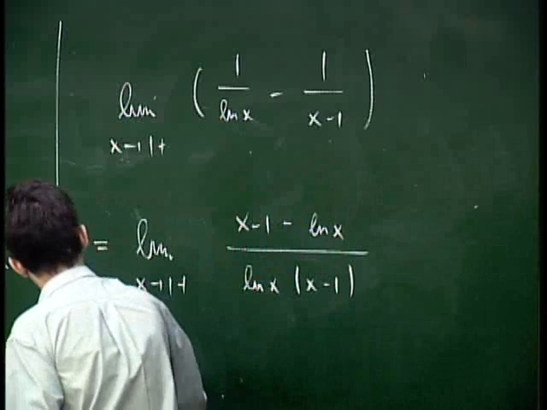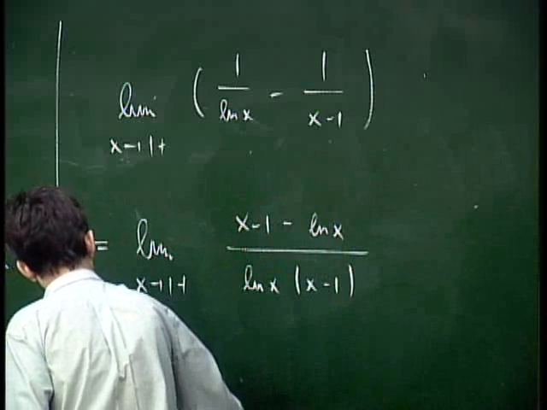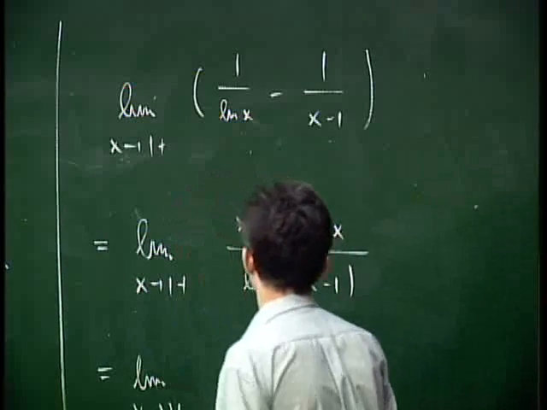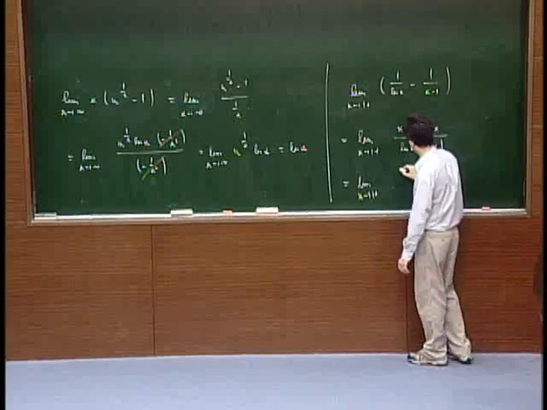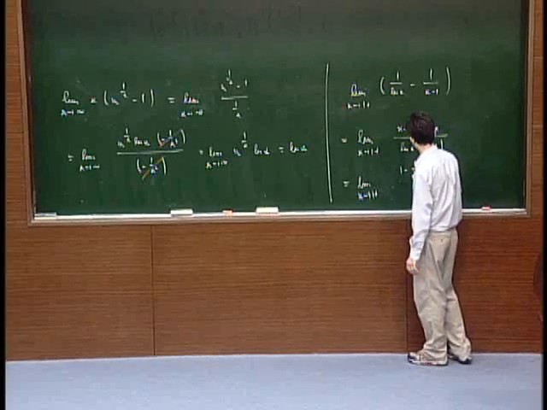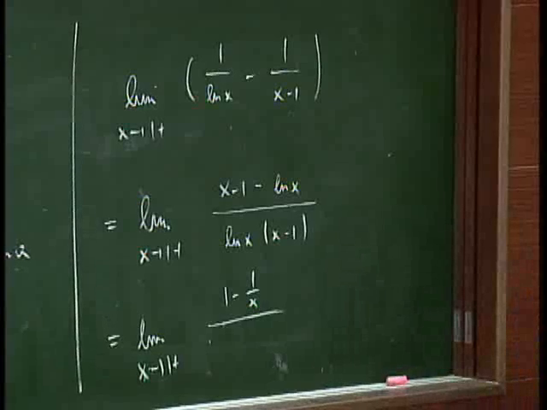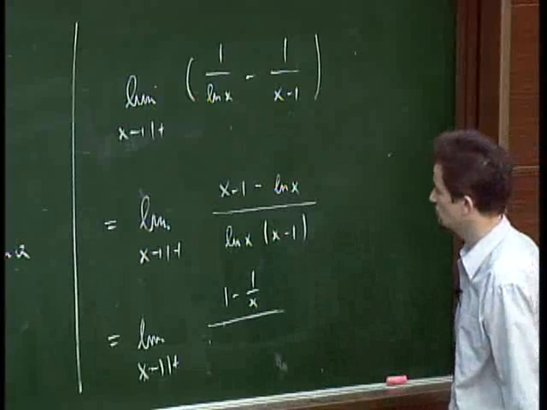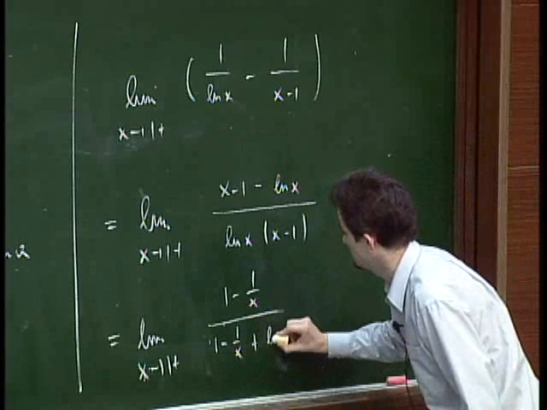So this must be equal to the limit as x tends to 1 from the right. And if we take the derivative here, what we get is 1 in the numerator, and for taking the derivative in the denominator, we have to use the product rule. So we have 1 minus 1 over x plus ln of x.